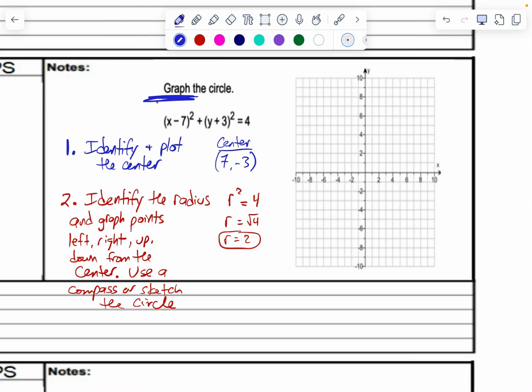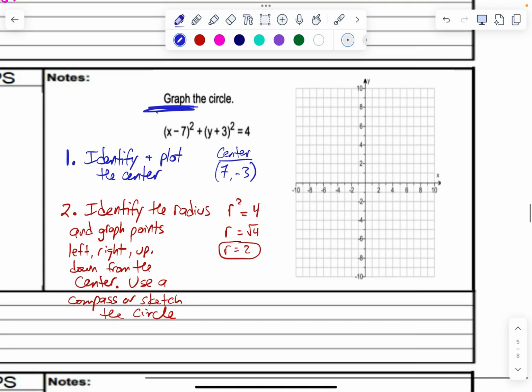7, -3. This is going to go off of my graph anyway, so 7, -3 is there. And then our radius is 2, so we're going to have a point at 7, -1. I guess it'll fit on here.